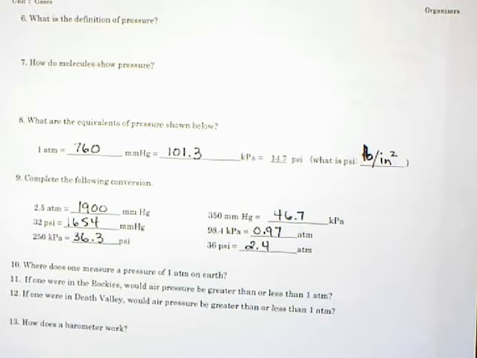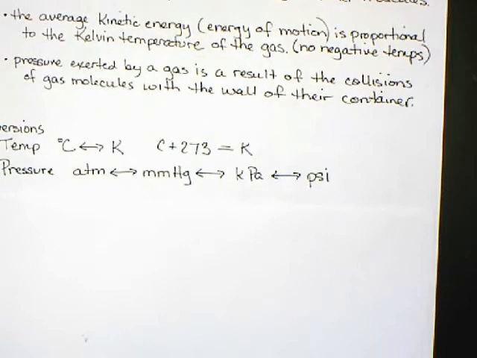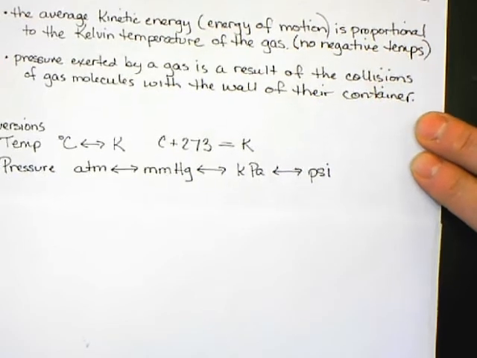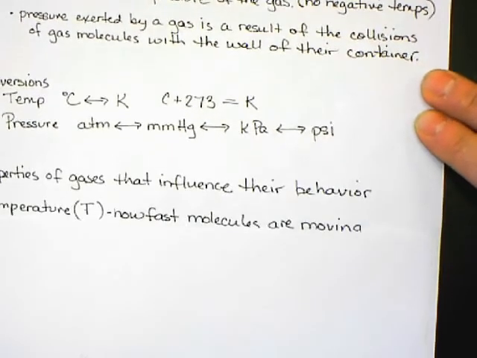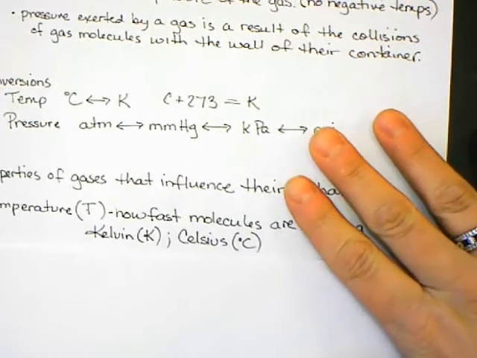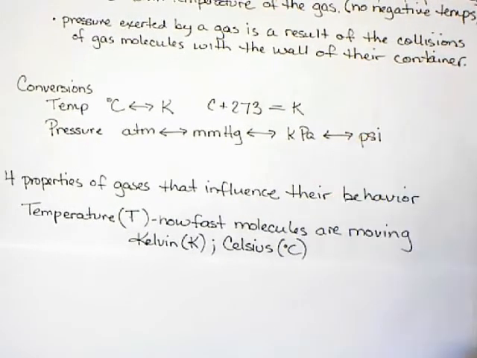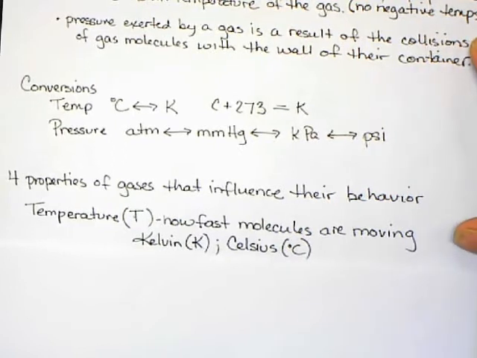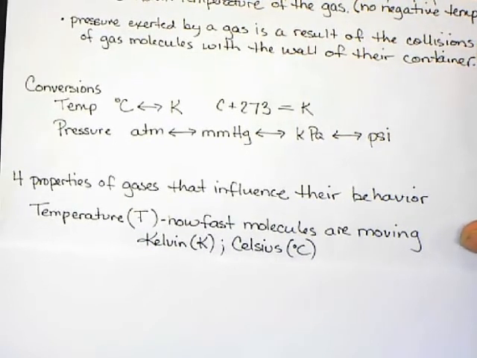All right, so with those ideas, in order for us to transition into the first activity that you're doing, we need to talk about variables. And so for gases, there are 4 variables that influence the properties of gases. First is temperature. As you know, we just learned temperature is how fast the molecules move. And so we can express those in Kelvin or Celsius, but in order to do any math, temperature must be Kelvin.